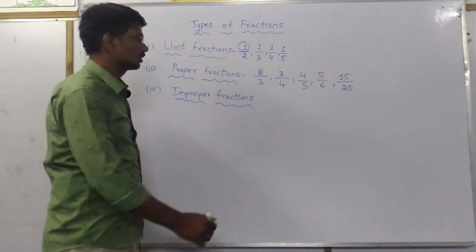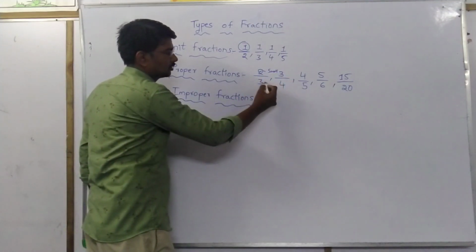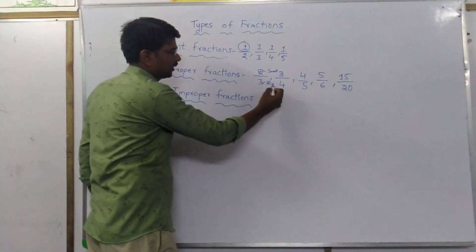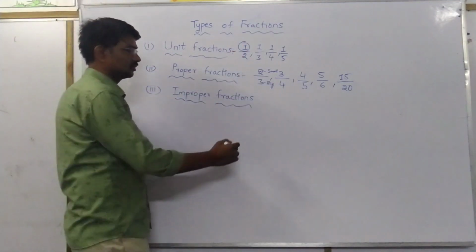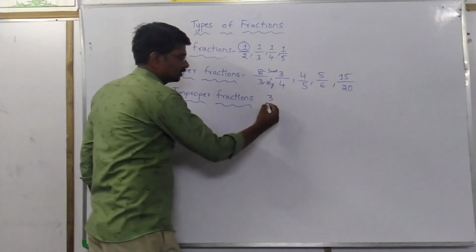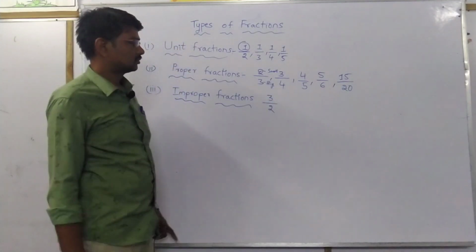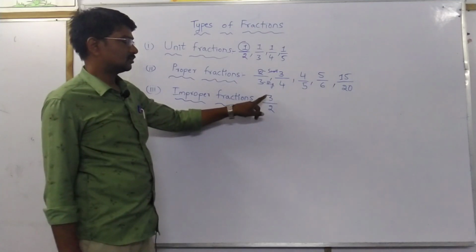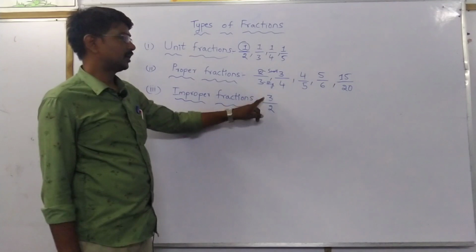Why? Here in proper fractions the numerator is small and the denominator is big. Improper fractions are the exact opposite: numerator big, denominator small. Numerator bigger than its denominator, for example 3 by 2.